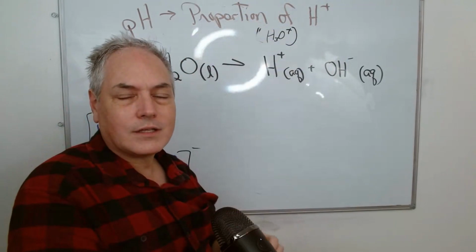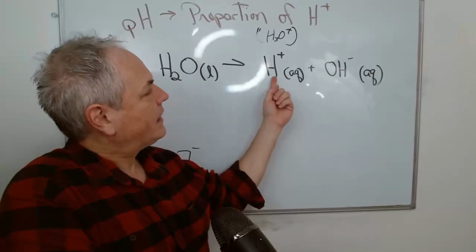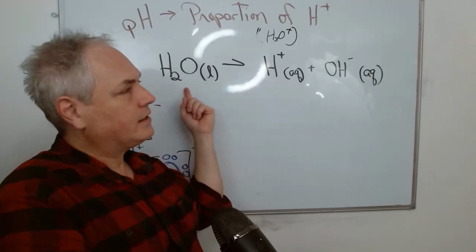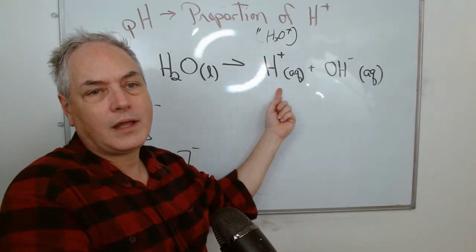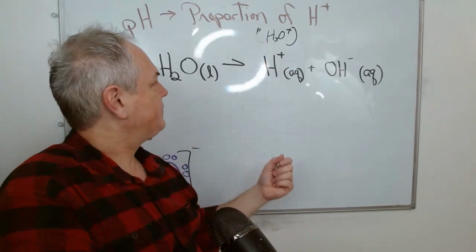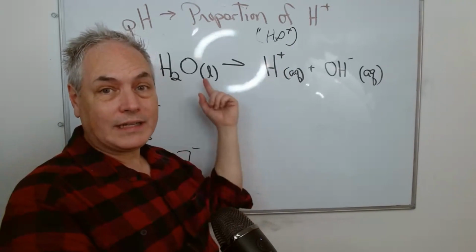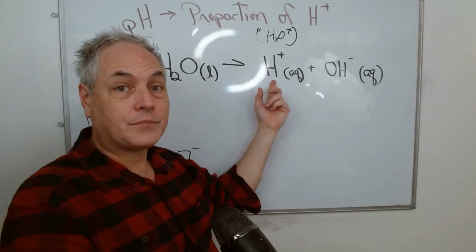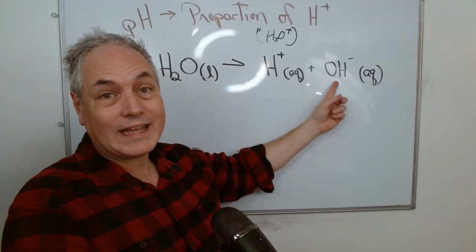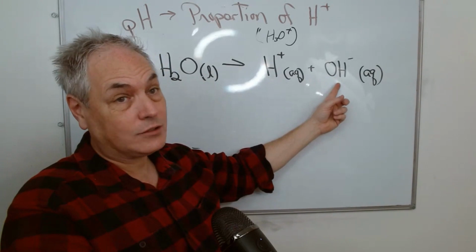It all depends where you are studying. That H plus would be going with H2O, giving 3 hydrogen and 1 oxygen. But I like this way, so I'm going to continue this way. We know that momentarily, one molecule of water creates 1 hydrogen ion and 1 negative hydroxide polyatomic ion.